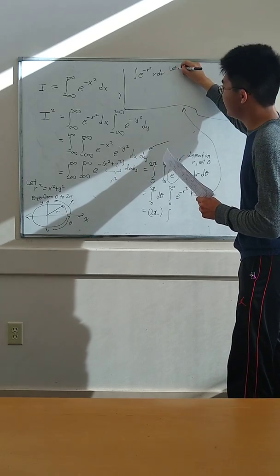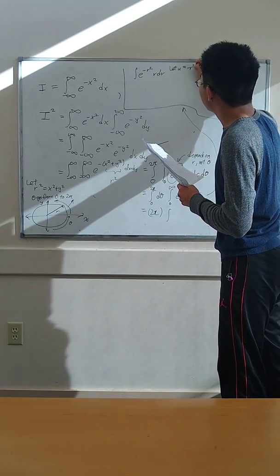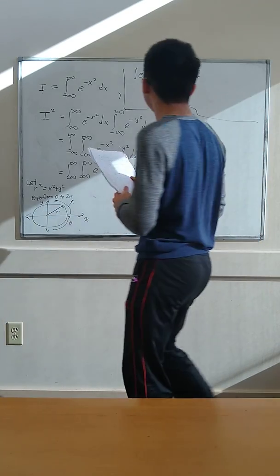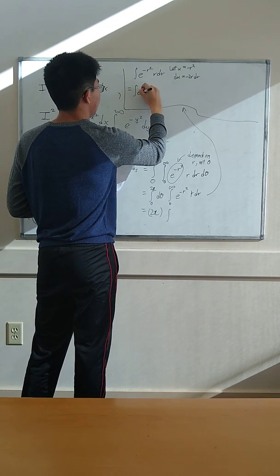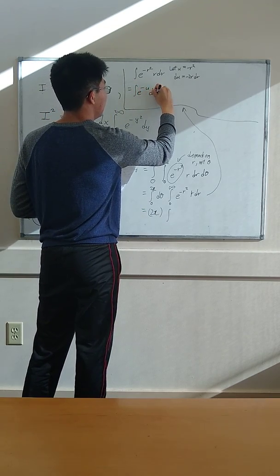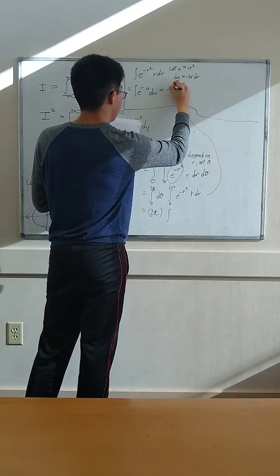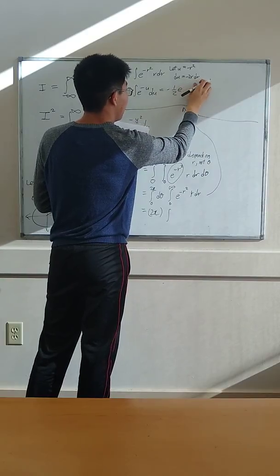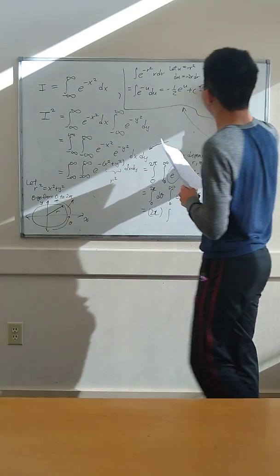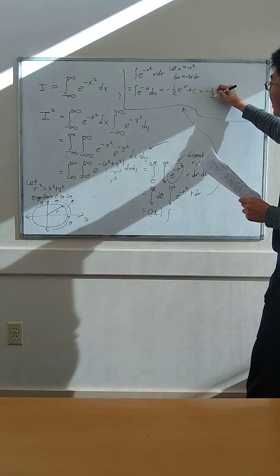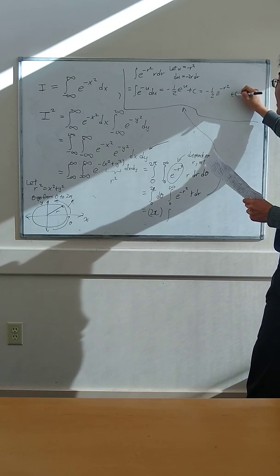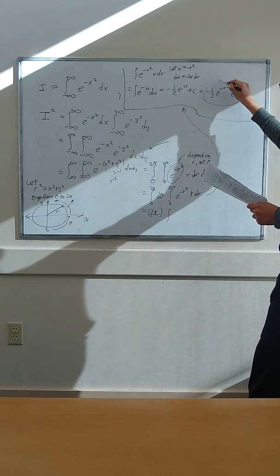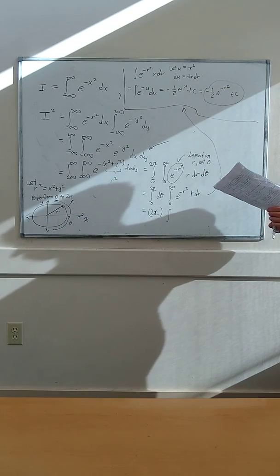So we let u equal minus r squared, du equal minus 2r dr. This becomes one half e to the negative u du, and the resulting integral is minus 1/2 e to the positive u plus c. And plugging the variable r back in, we get this answer. So we're going to substitute this answer back into our expression below, and we're going to take the limit.